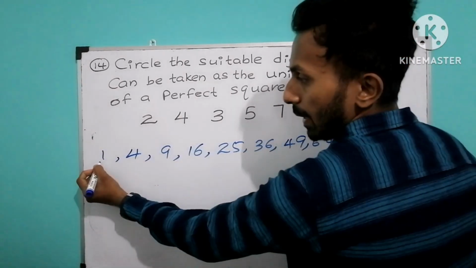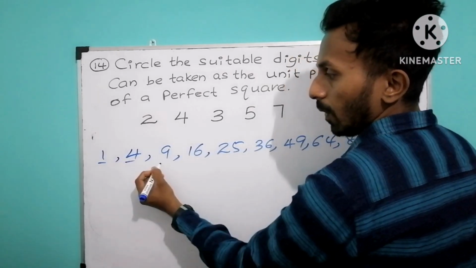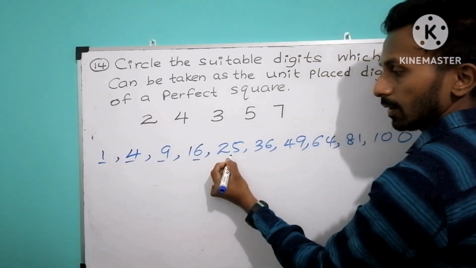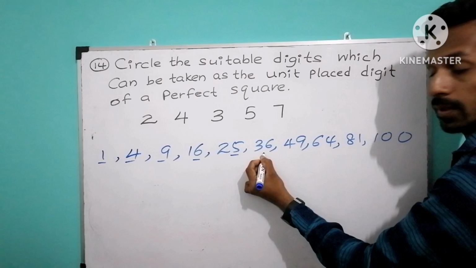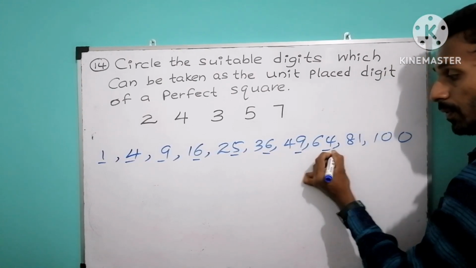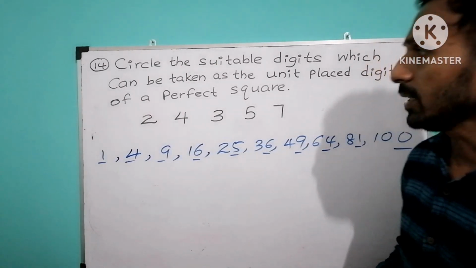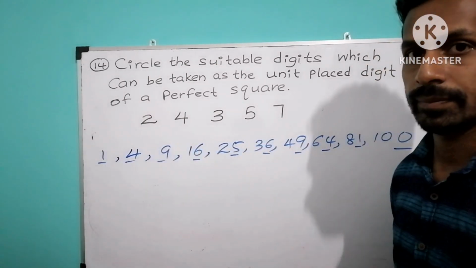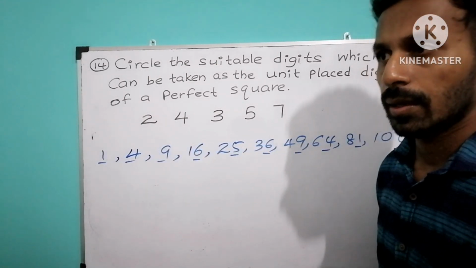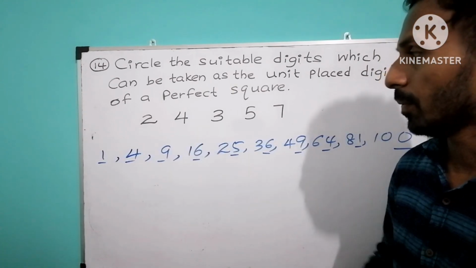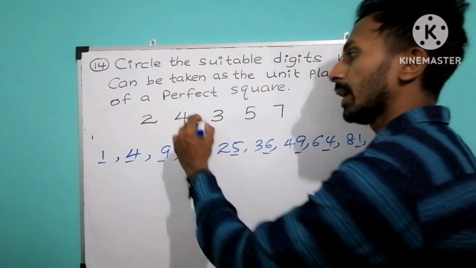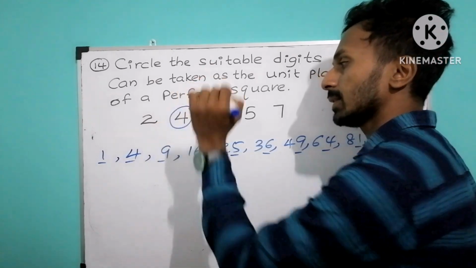Let's check the unit place. Here 1, here 4, 9, 6, 5, again 6, 9, 4, 1, 0. Here, can you see 2 here? No, you can't see. And 4 here, then we can circle it.